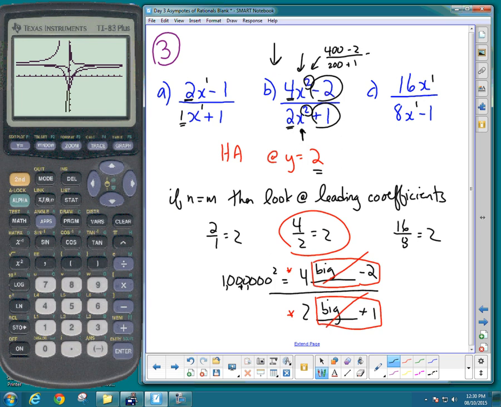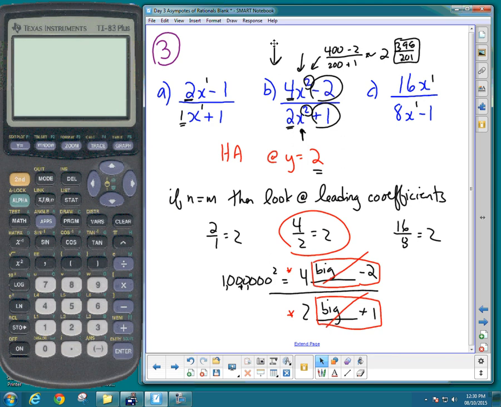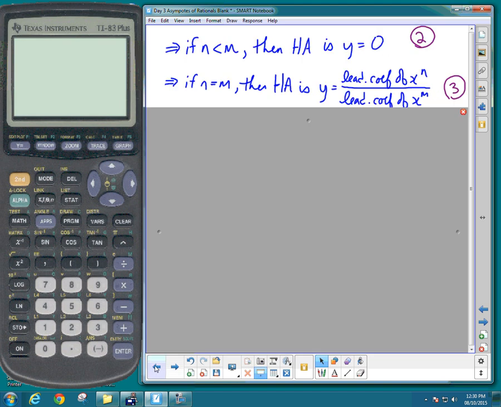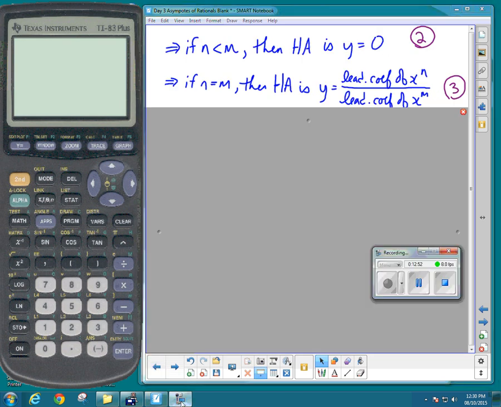So essentially it is about 2 when you actually do this math. It's 398 over 201. Well, that's almost 2. So that's why you only look at the leading coefficients in this one. So that's our second conclusion. And on the next video, we'll look at our third.